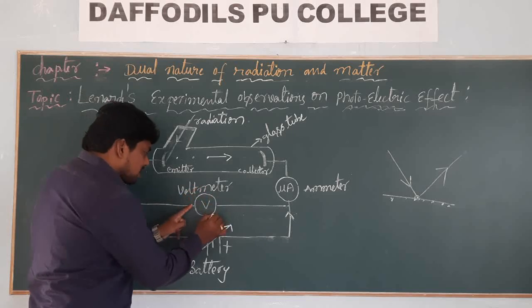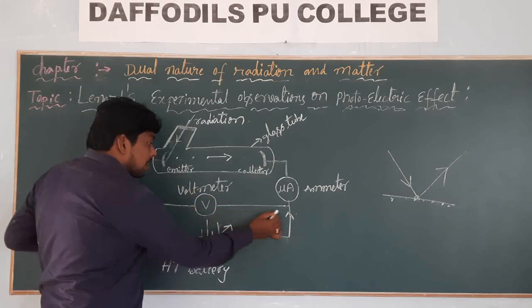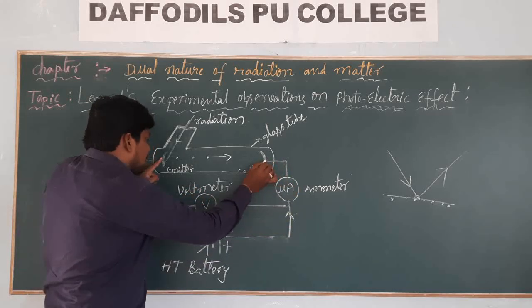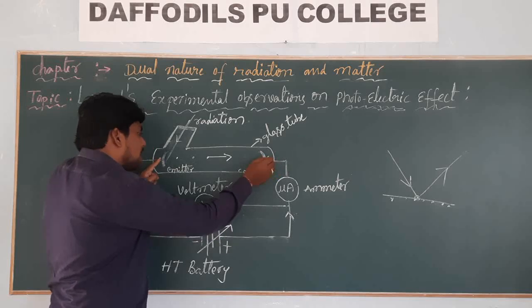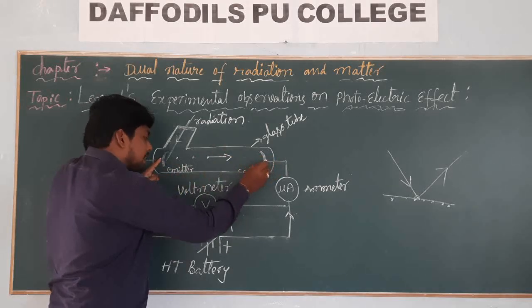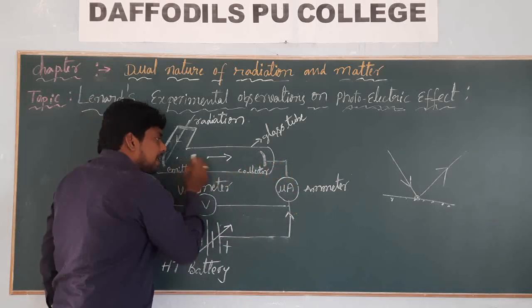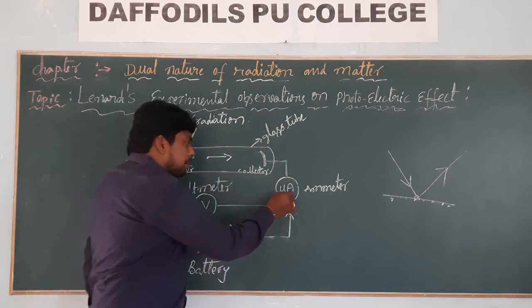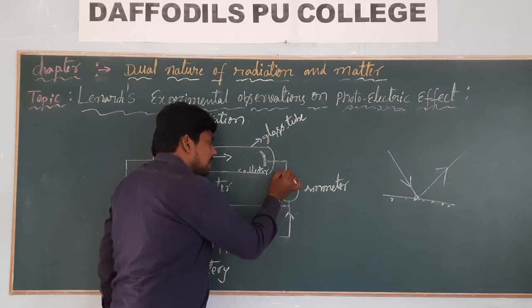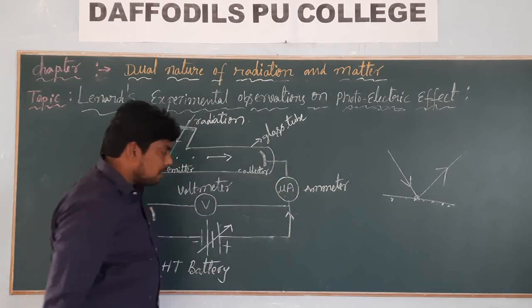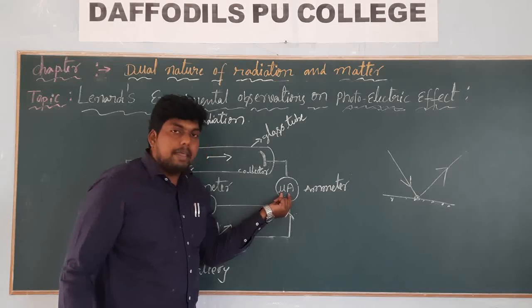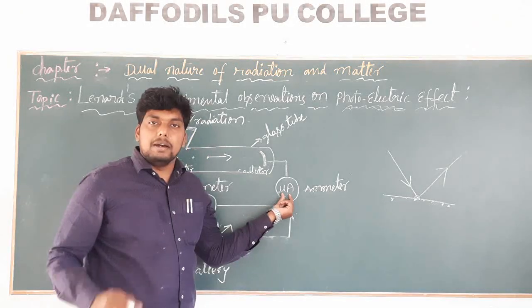Here, what is the function of the voltmeter? It measures the potential difference created across the emitter and collector. The ammeter measures the electric current in the circuit. Since small values of current are present, they have used a microammeter.